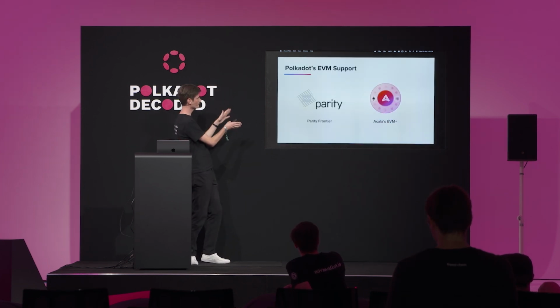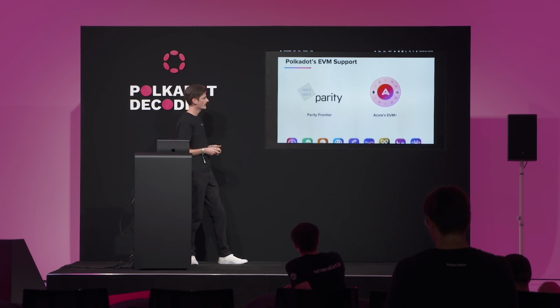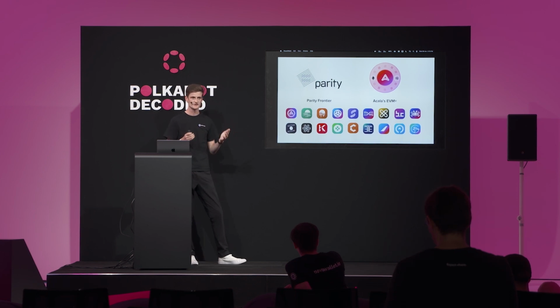So there's two main supports for EVM in Polkadot. There's Parity's Frontier EVM, and there's Acala's EVM Plus. These are the only two that we're aware of right now. But what we find is that, even though there's two here, there are literally many teams using this.